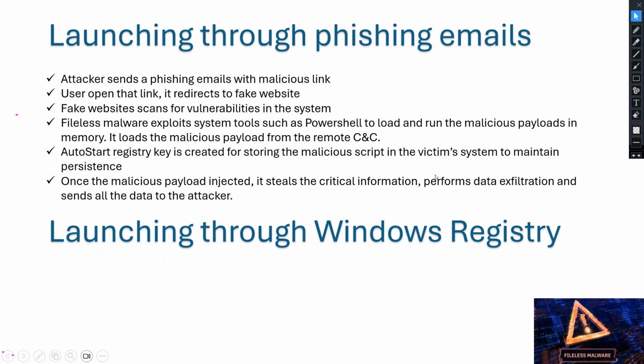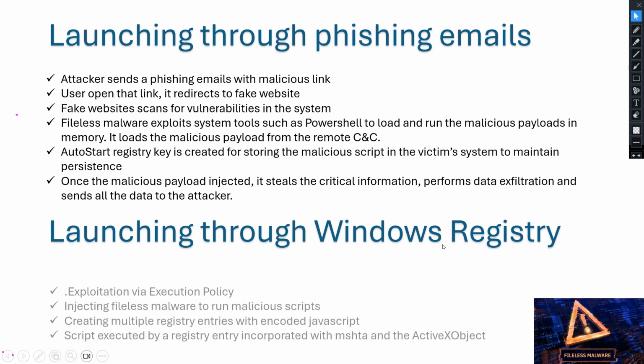These are simple processes related to the earlier ones I discussed, where I explained how a Trojan works, what the process is, and how it fetches information from the system. It's the same kind of process. But here we are discussing fileless malware launching through the Windows registry.